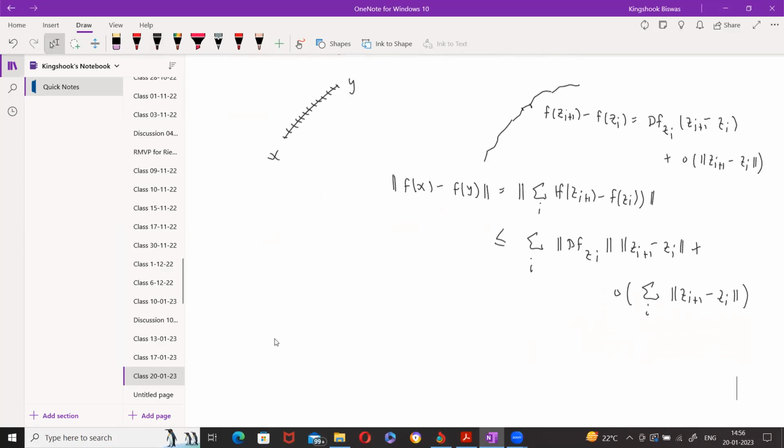And the sum of these norms is just the norm of x minus y. So this is little o of a constant. So this goes to 0.